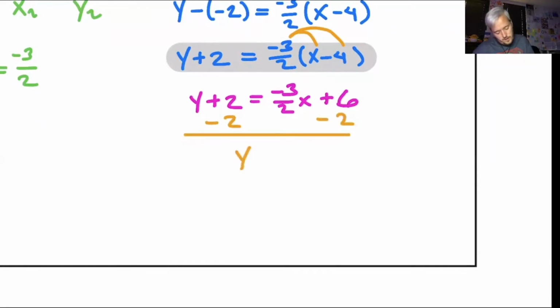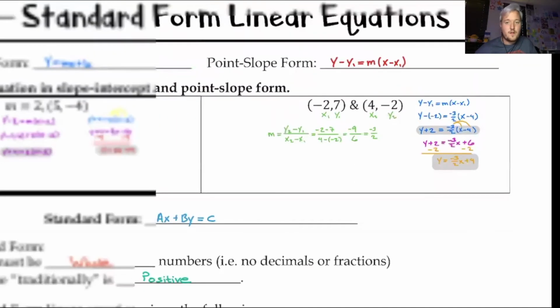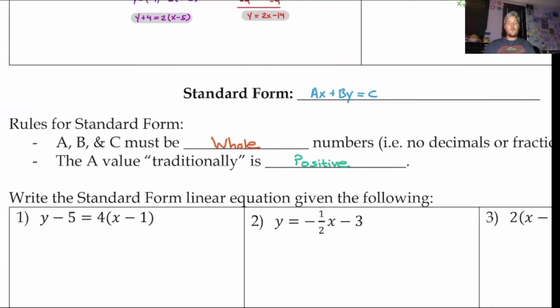So I have y equals negative 3 halves x plus 4. So here is my slope-intercept form.